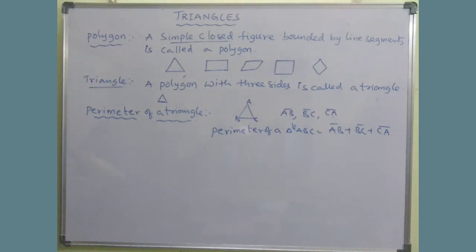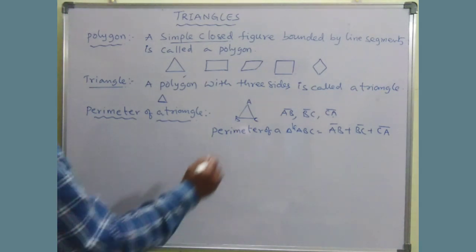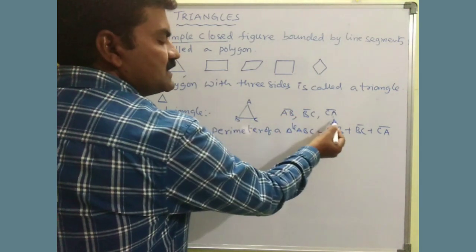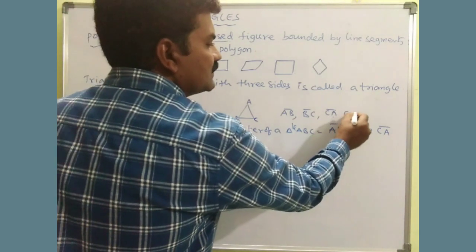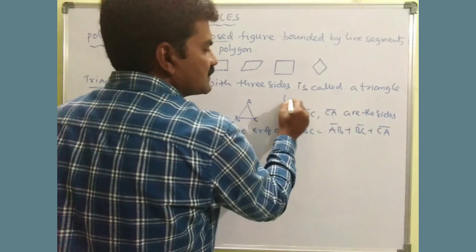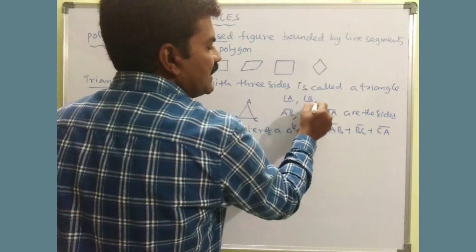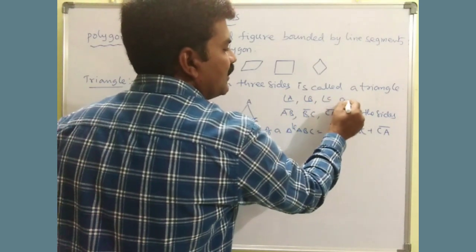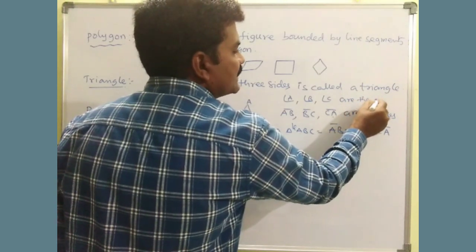Okay, so AB bar, BC, CA are the sides, no? These are the sides. Whereas A, B, C, angle A, angle B, angle C are the angles.